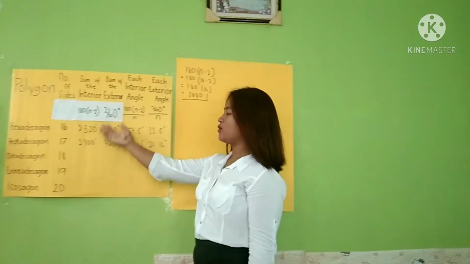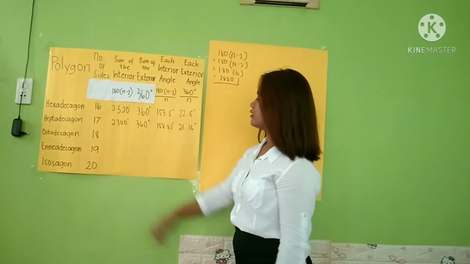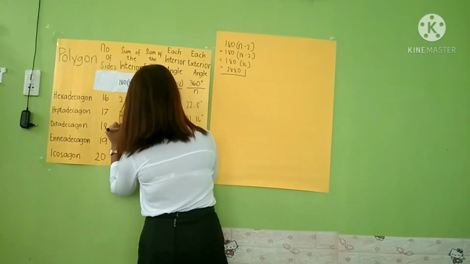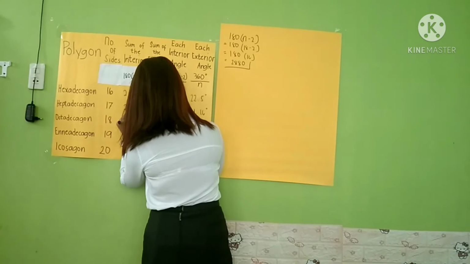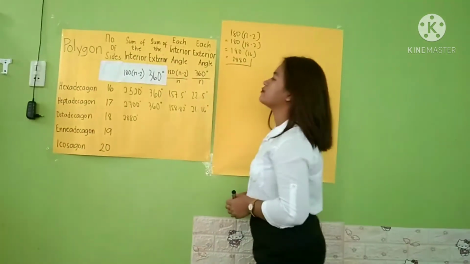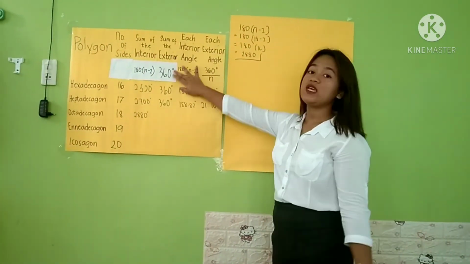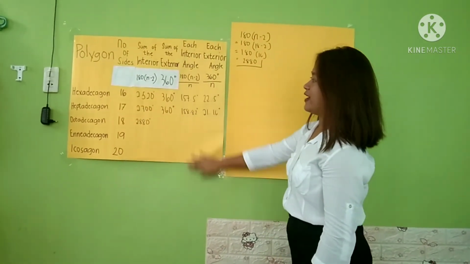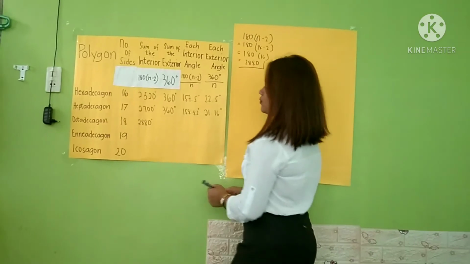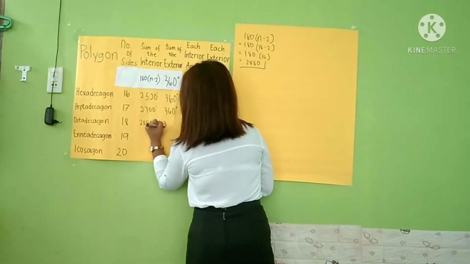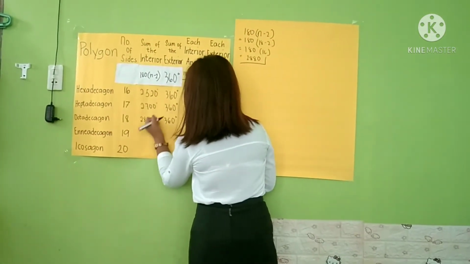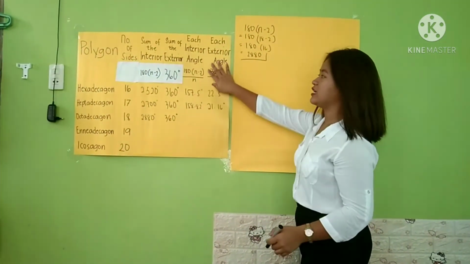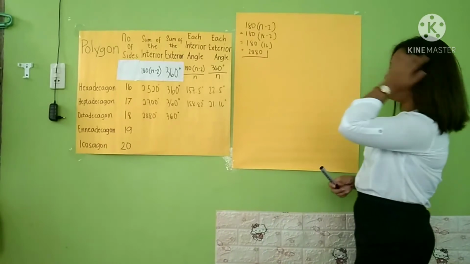We are going to write 2,880 here. And as we know, for the sum of the exterior, we can rewrite 360 degrees.